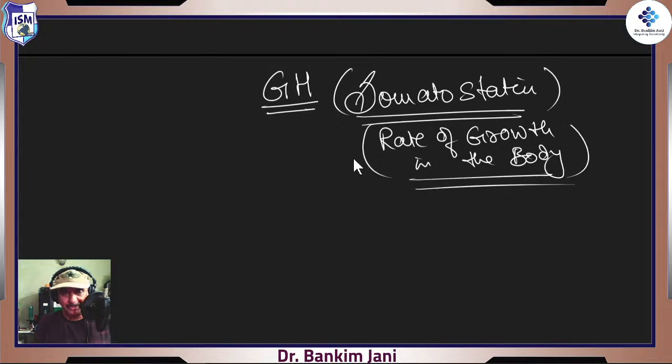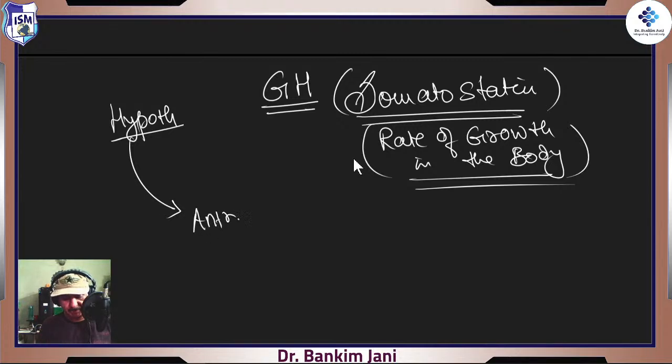So why is this growth hormone so nice, why is it so special? What really happens is that here is the hypothalamus. Hypothalamus will be calling whom? The anterior pituitary. It will be going by the portal system. I'll just write portal.